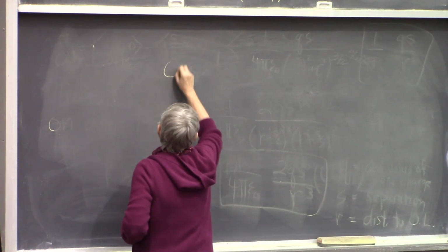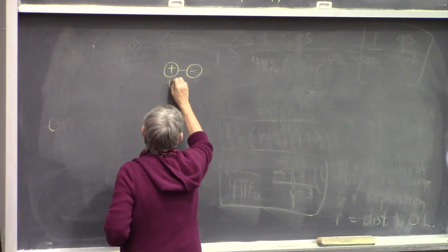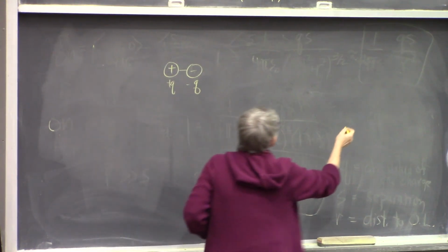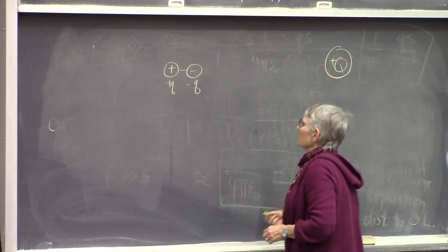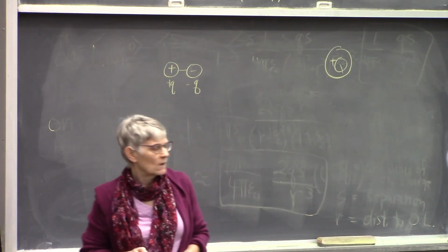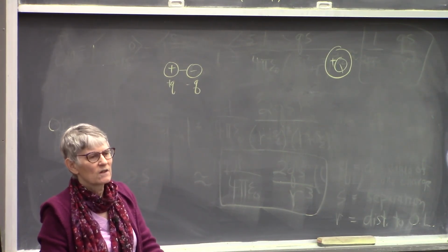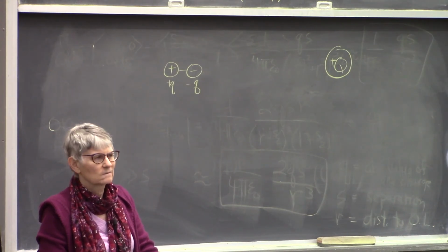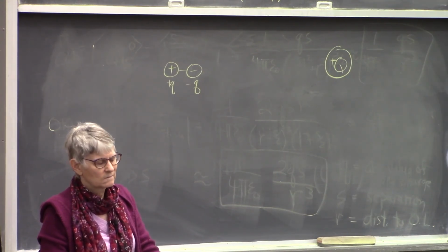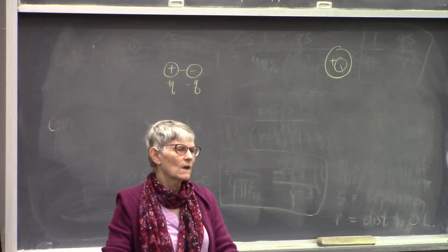So suppose we've got our dipole here, and over here we've got a point charge, we'll give it a capital Q. How do we calculate the force on the dipole due to the point charge? Calculate the force for the positive and then the negative, and then add.